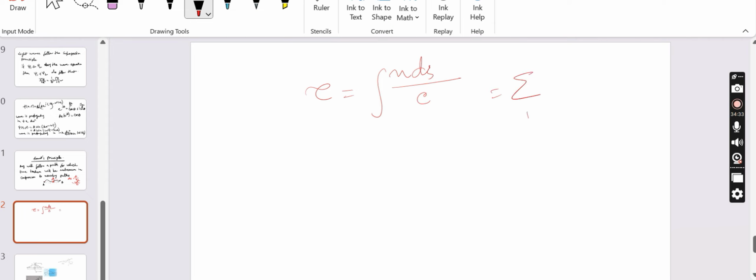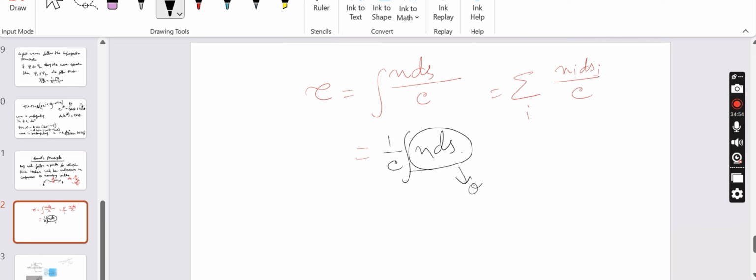We can write it as a summation also. c is constant, or we live in a realm where c is constant. This quantity is called the optical path length.